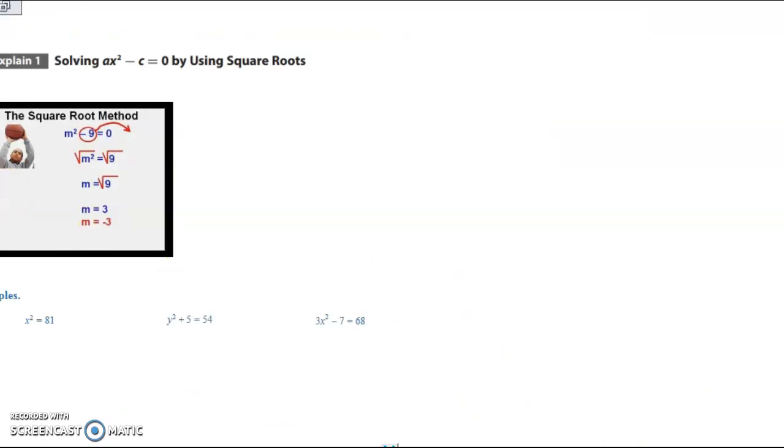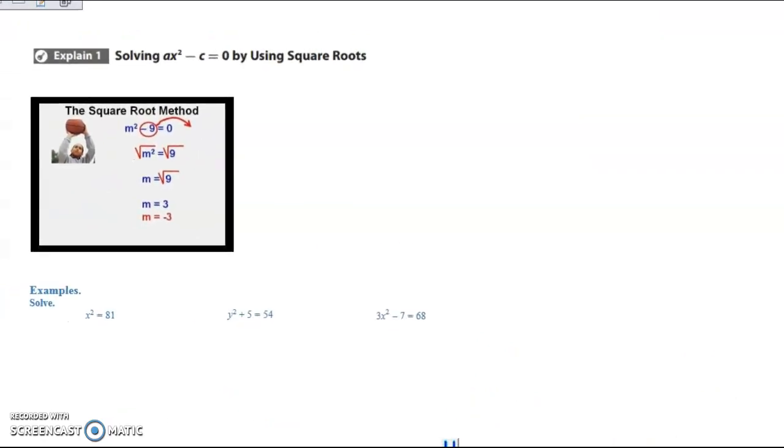Okay, so we have this square root method where we have ax squared minus c equals 0. And knowing that if I move the c over with the 0, we might be able to square root the answer.